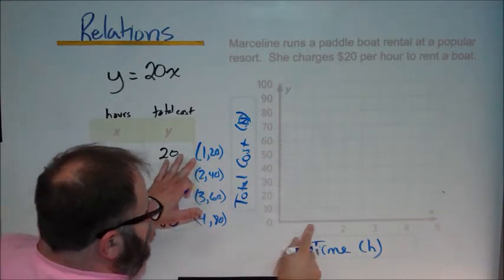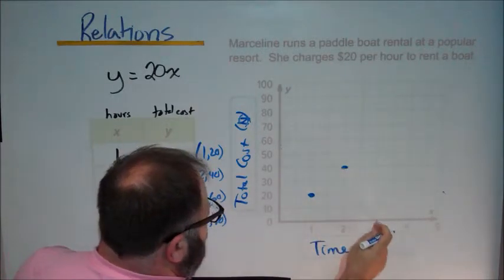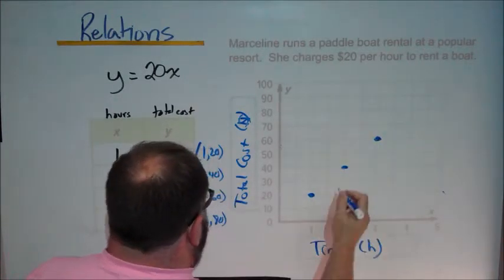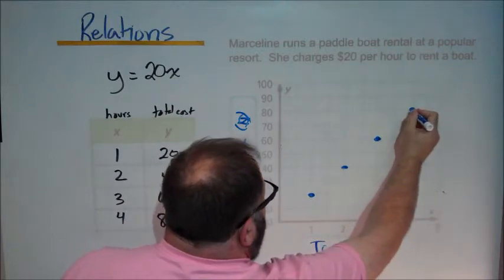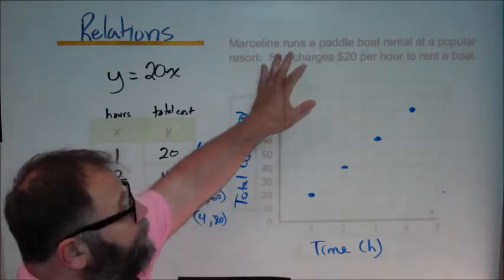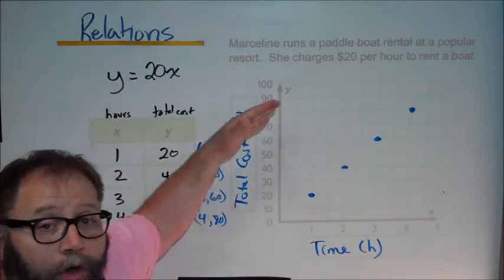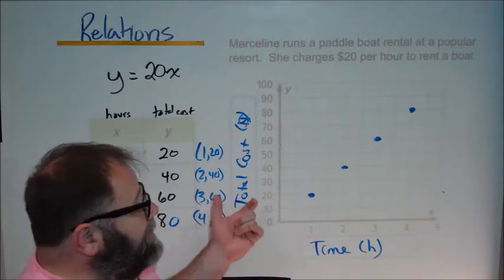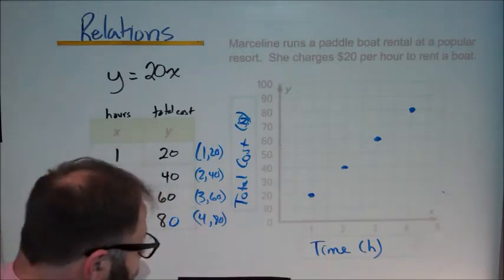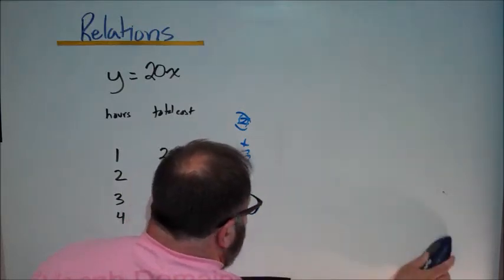So I've got 1 and 20, 2 and 40, 3 and 60, 4 and 80. Success. So we have a real-world example that we represented with an equation, created a table, which made the relation for us, and then that relation we were able to graph. We are on point here. Oh my gosh, we're already at the review.